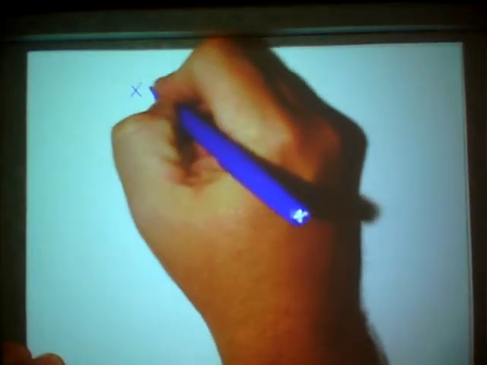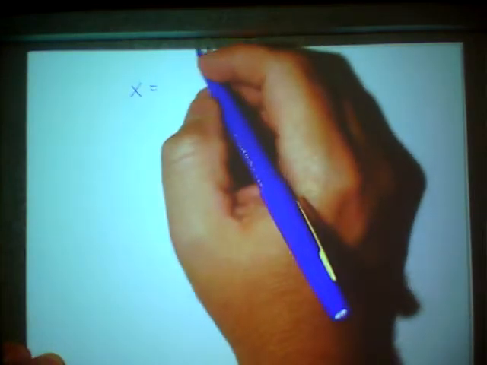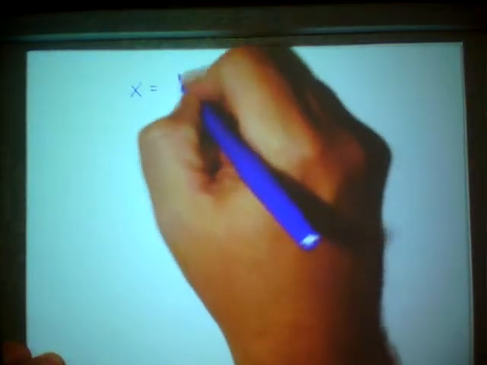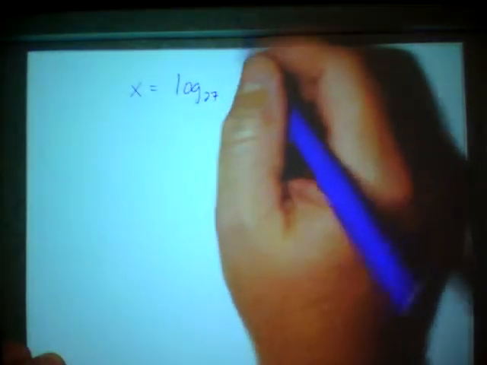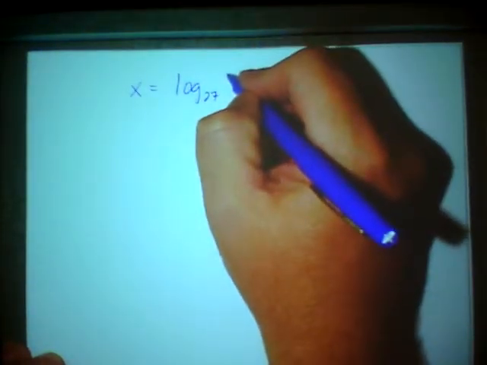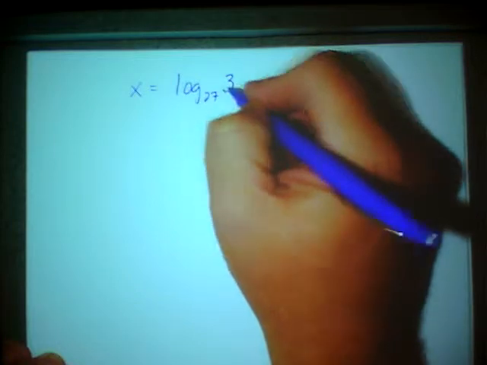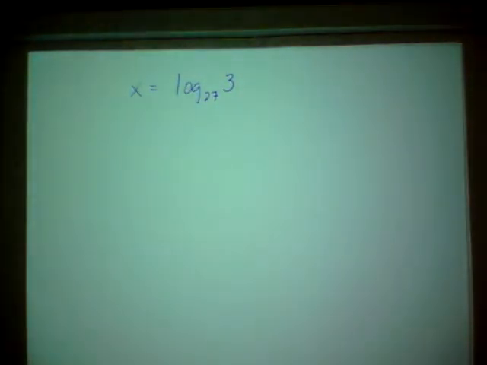For instance, let's just write down one of these problems and we'll talk about it for a minute. x equals log base 27 of 3.